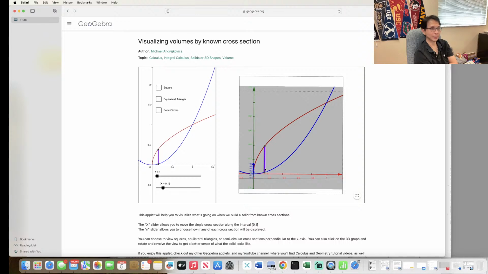And there's a line here, right? Is that okay? So this is a slice, and for this slice I can decide the shape. Which shape do you want? Square, equilateral triangle, or semicircle? Triangle? Okay, let's do triangle. Triangle is going to be like this. And you cannot see the triangle, right?